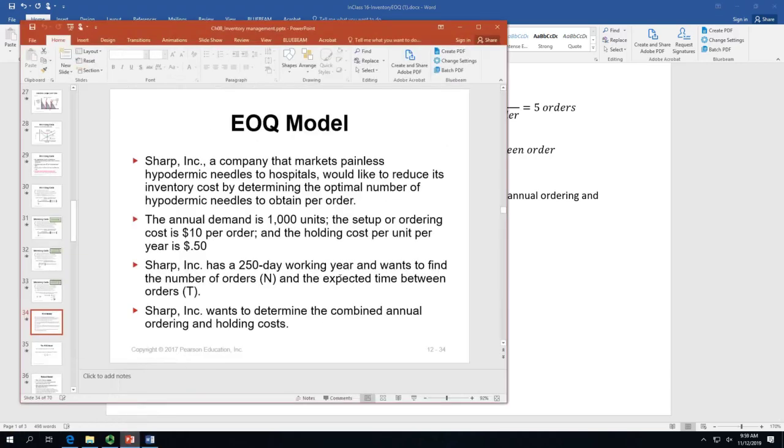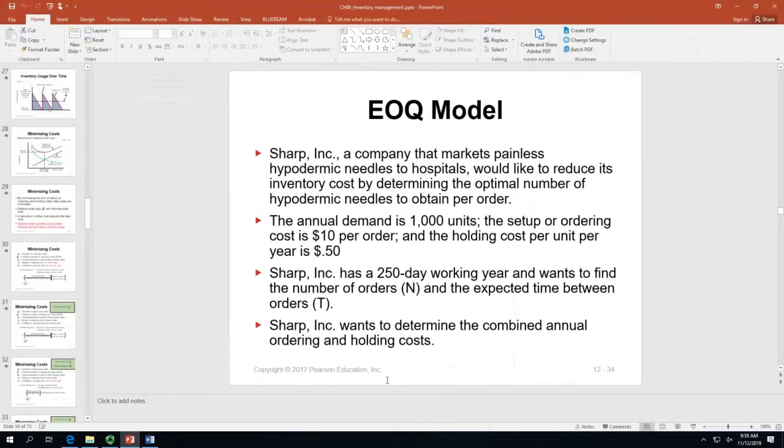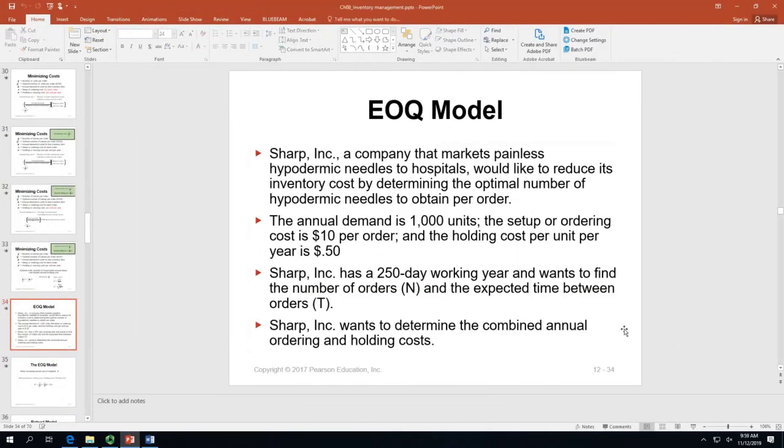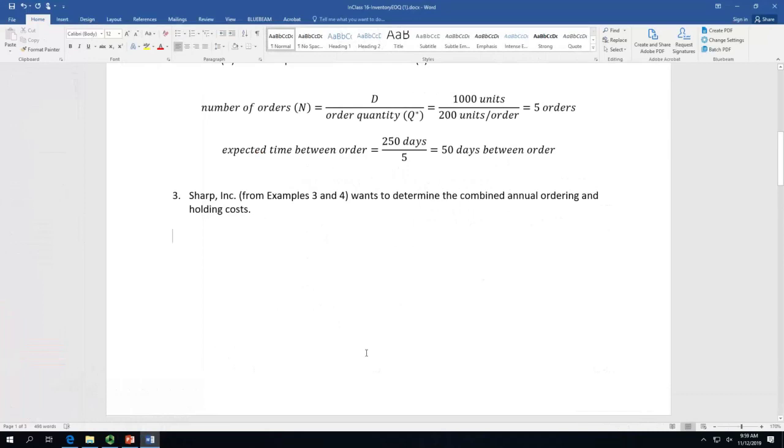So this is the second problem we practiced. And the third one, with the given demand and the given information about holding cost and setup cost, they want to determine the combined annual ordering and holding cost. That's actually the total inventory cost. We can solve this according to the two pieces of information.